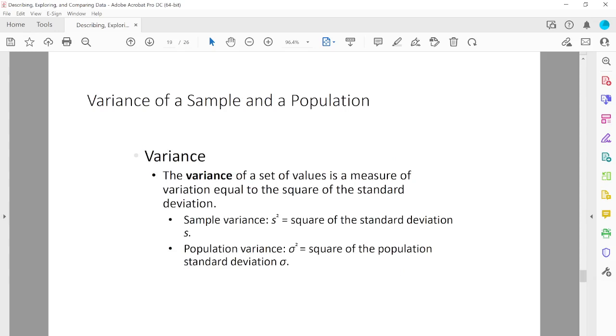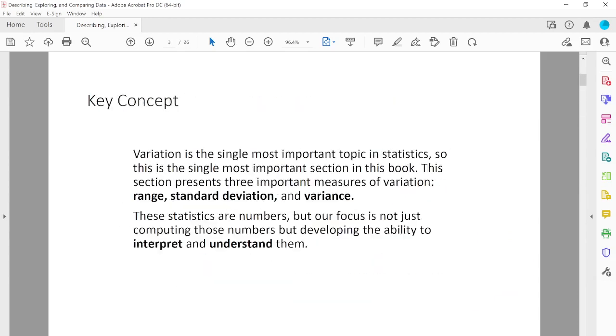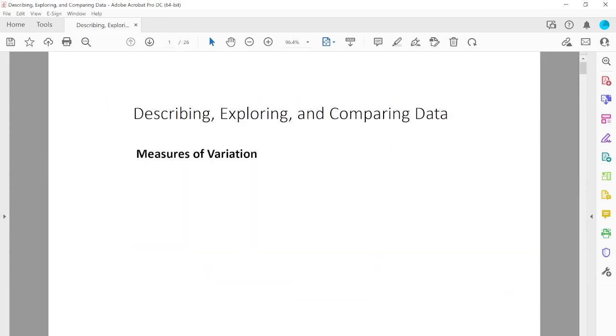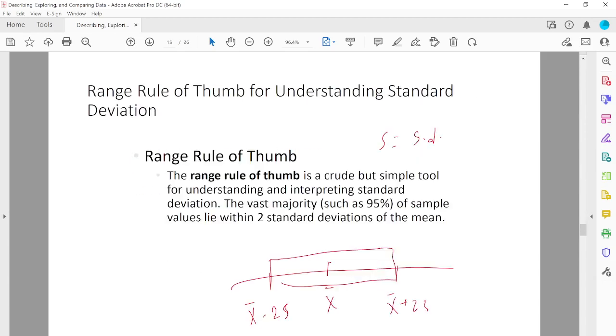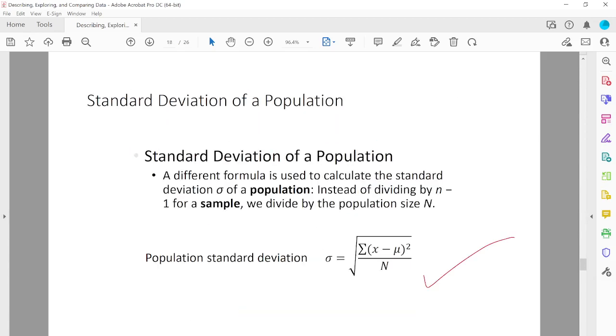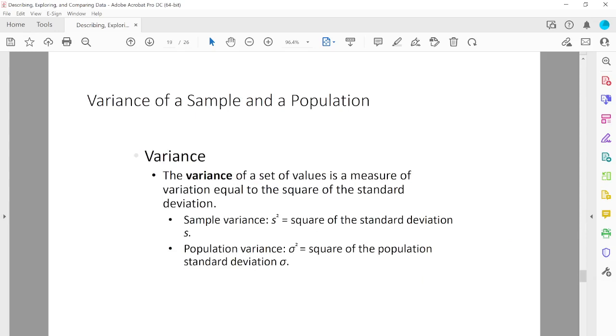There is another measure of variation, which is called variance itself. So that's the topic, measures of variation. And there is another way of measuring variation by finding the variance, which is, after finding the standard deviation for the sample, if you square that, it gives you the variance for the sample, a square of the standard deviation.